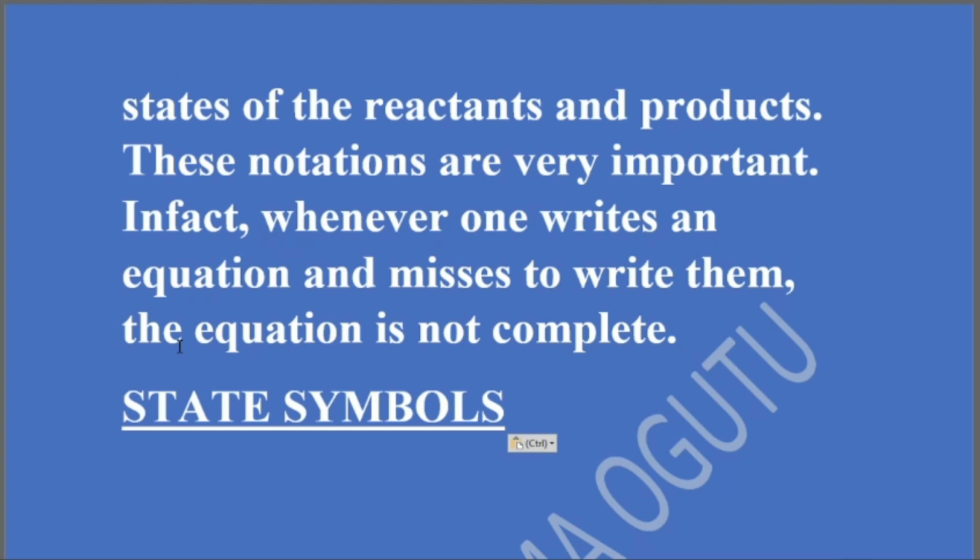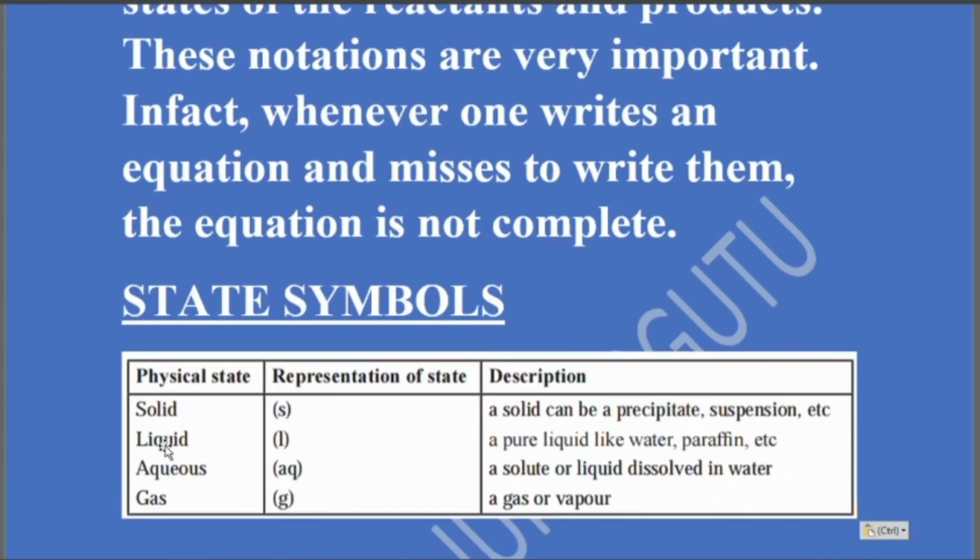Then you have gas, we just use a small g. A solid can be a precipitate or a suspension. Liquid is a pure liquid like water, paraffin. Aqueous is a solute or liquid dissolved in water. Gas is a gas or vapor.